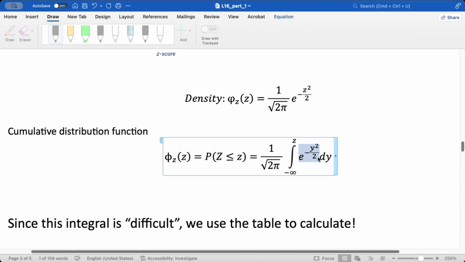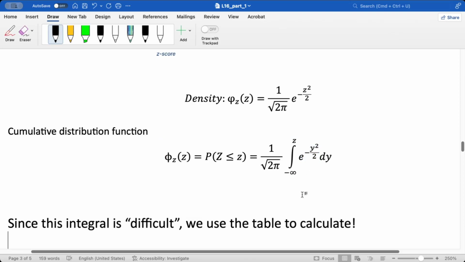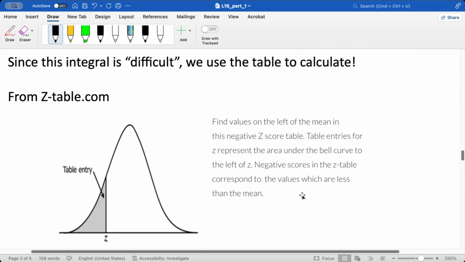Power series from calc 2 would work. So what we have here is a table of values that we use for this. And the table is set up basically as giving the area to the left, or the cumulative less than or equal to situation here.